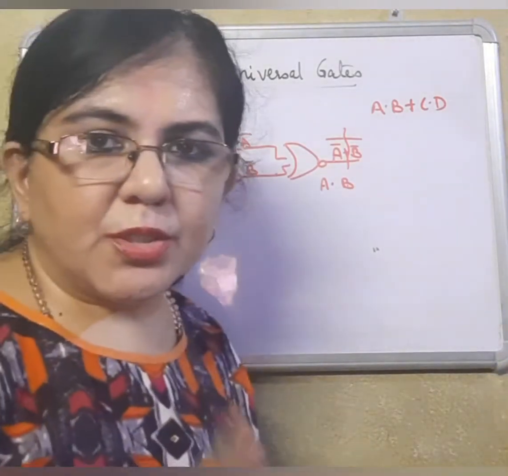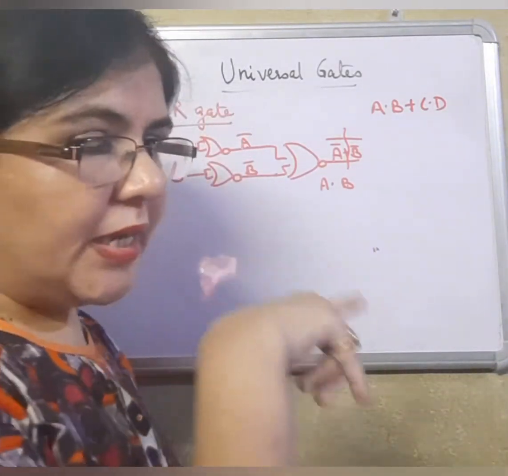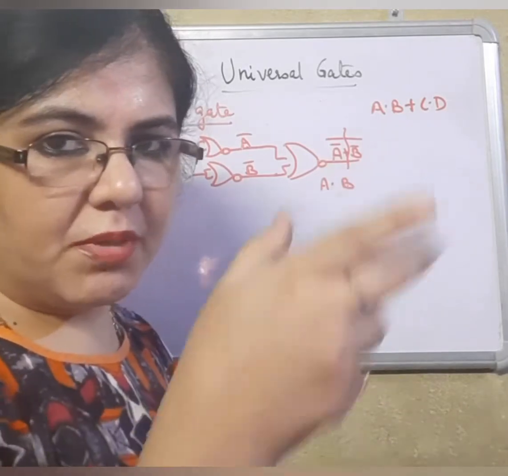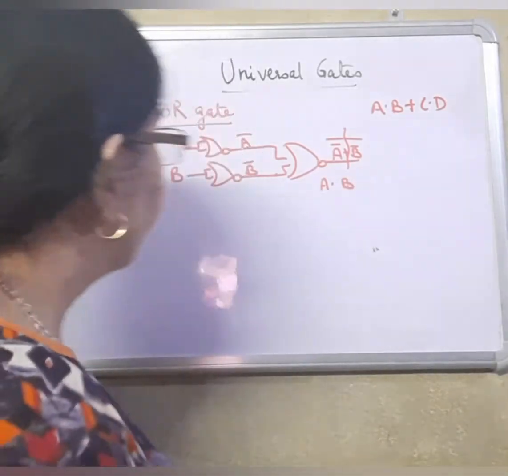Now you people must have understood plus will be converted into dot. A double bar dot B double bar. Double bar will be cancelled by involution law.